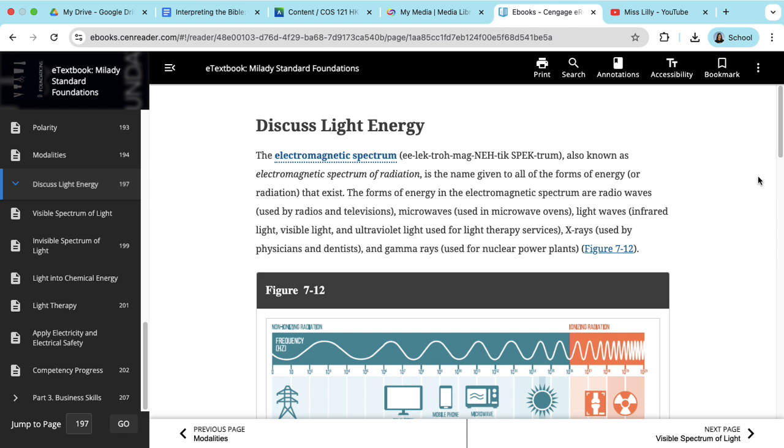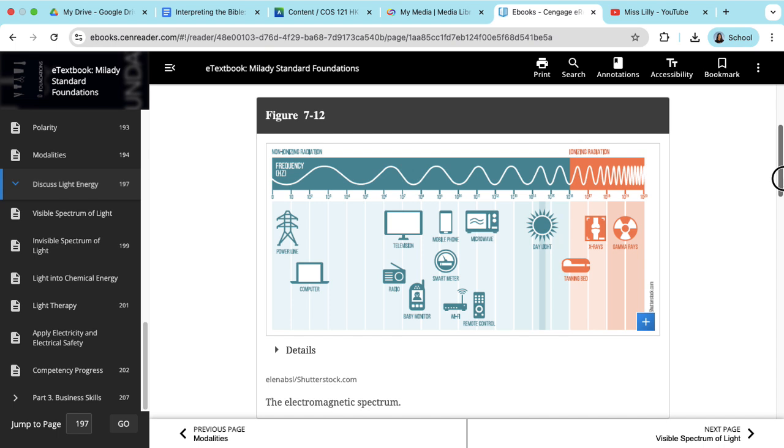The forms of energy in the electromagnetic spectrum are radio waves used by radios and televisions; microwaves; light waves, these are infrared light, visible light, and ultraviolet light used for light therapy services; X-rays used by physicians and dentists; and gamma rays that are used for nuclear power plants. As follows, you can see this picture of the different types of electromagnetic spectrum.